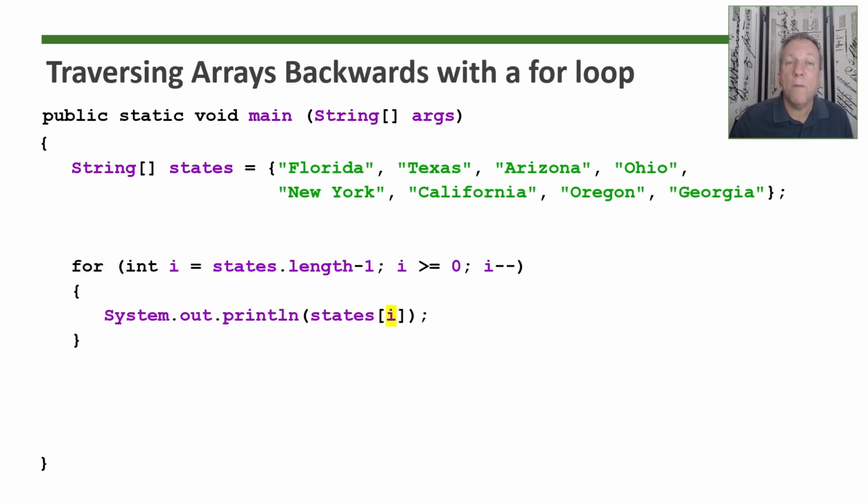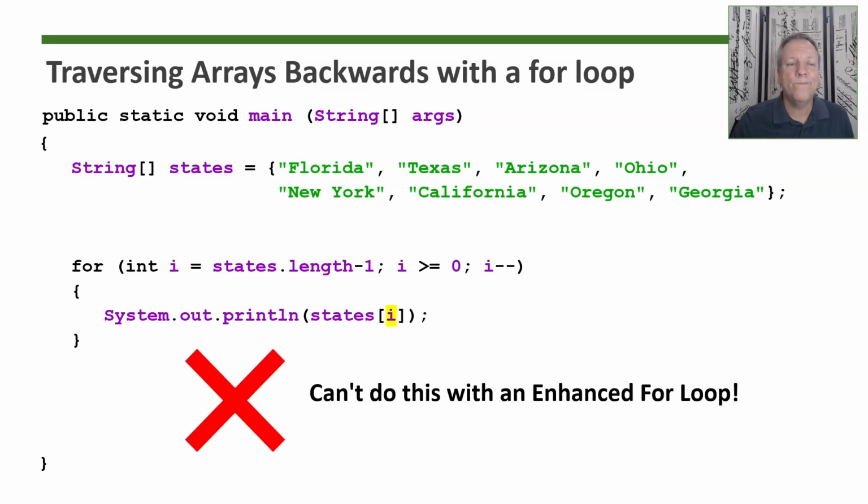So for instance, remember we talked about traversing backwards through the array? I could have a for loop that started at the end, states.length - 1, and went to the beginning, as long as i is greater than or equal to 0, i minus minus. Well, I can't do that with an enhanced for loop. An enhanced for loop starts at the beginning of the data structure and continues all the way through to the end.